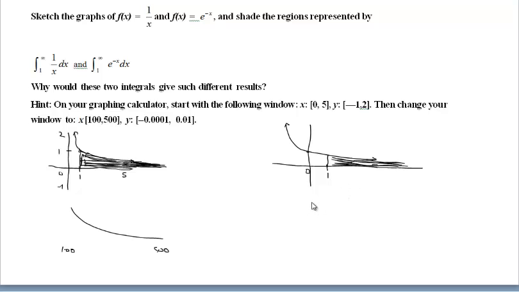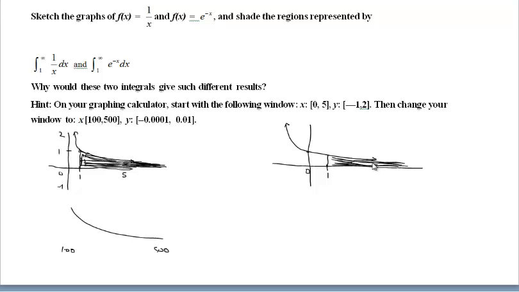When you hit the trace key, you can see that if you typed in 100, the y value that's reported back to you is an exponential number. If you rounded it, it's going to be 0. If you continue to trace and maybe then hit 200, that's an even smaller number, close to 0. So in fact, as you go further out, especially from 100 to 500 along the x, you can't even see this graph.